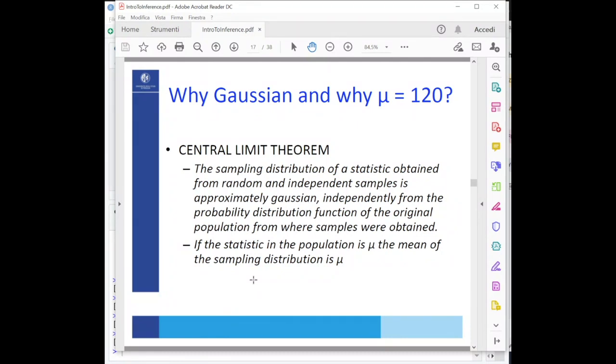If the statistic in the population is mu, the mean of the sampling distribution is mu. So whatever the population at the beginning, whatever the statistic, if we sample, we obtain something distributed approximately as a Gaussian, and the mean of such Gaussian is equal to the value of the original statistic. This is very important, and now we will use this.